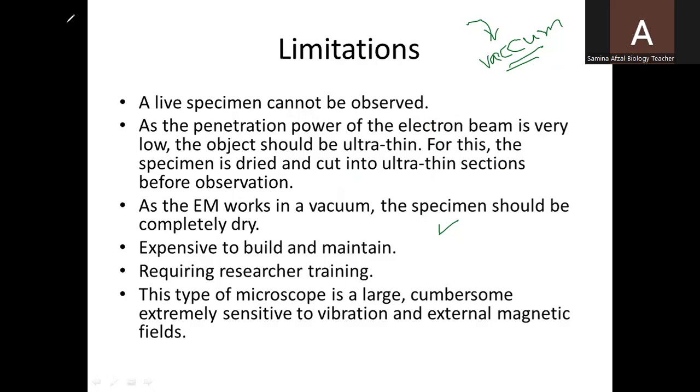Besides this, there are many benefits of using the electron microscope, as for example, magnification and higher resolution. I would like to write here: magnification. They have high magnification and high resolution.